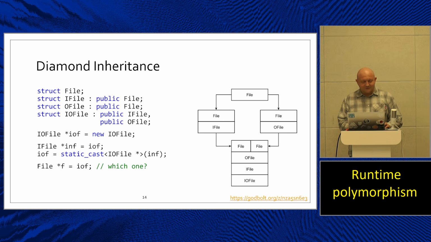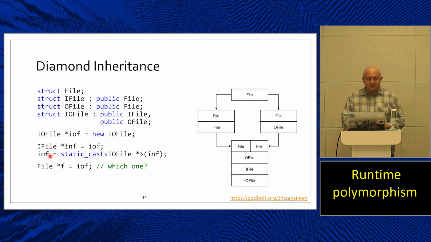Here is the classical diamond problem. The EFile and OFile both derive from File, and EOFile derives from both. And now suppose we have an EOFile pointer and we cast it to an EFile pointer. Okay, this works, but we can even cast back.